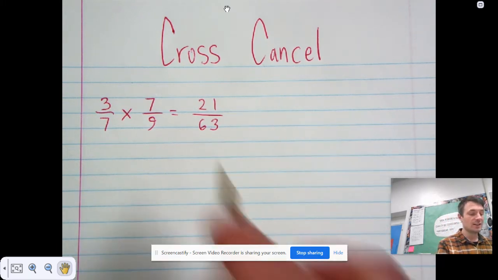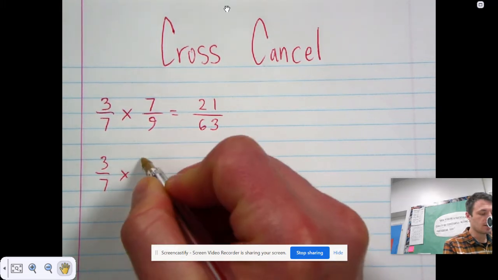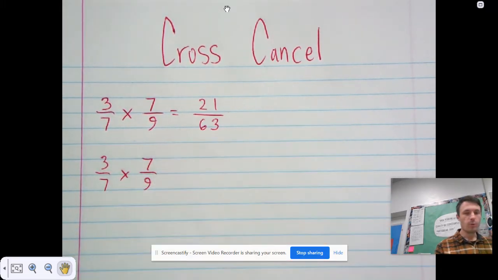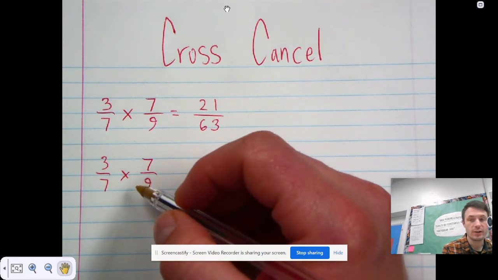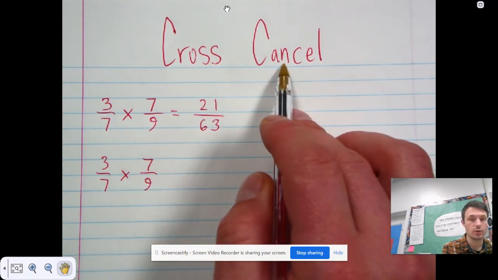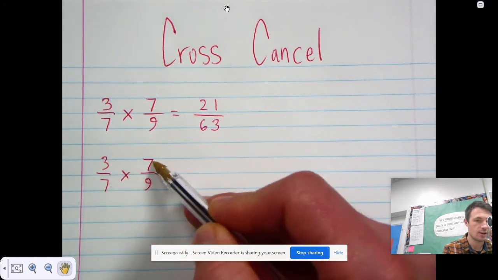Here's how you do it. Let's start over on this. 3/7 times 7/9. Before we even multiply, we can simplify in advance. So let's see how this is done. When you cross-cancel, you don't simplify from here to here and here to here.